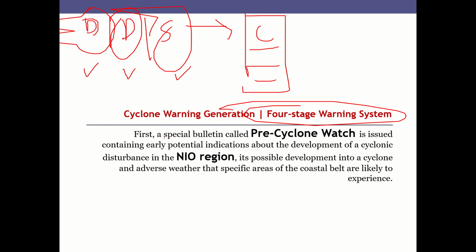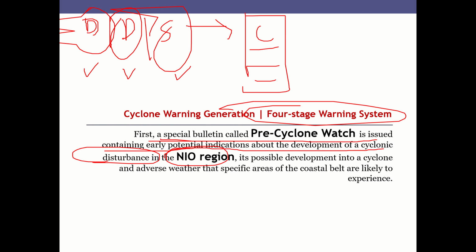First, a special bulletin called Pre-Cyclone Watch is issued, containing early potential indications about development of cyclone disturbances in the North Indian Ocean region.